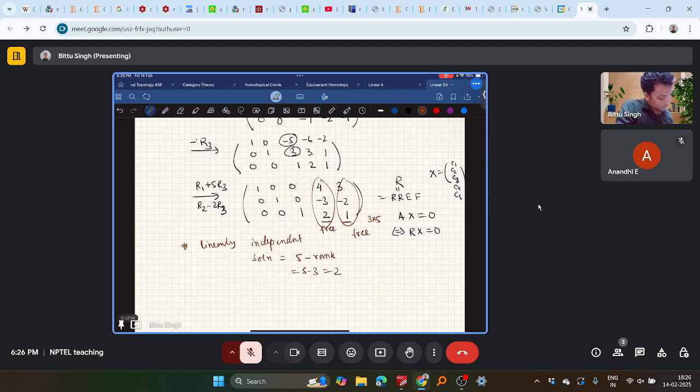The fourth and fifth columns are free, so we choose the entries in the fourth and fifth columns: one choice is 1 0 and another choice will be 0 1.